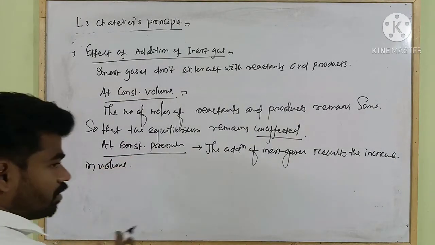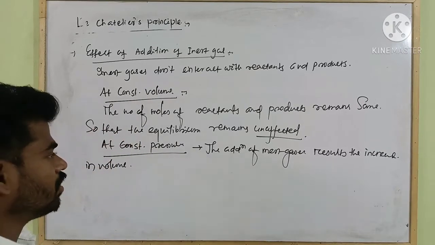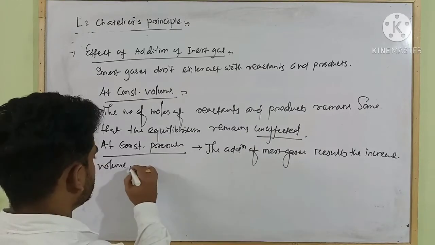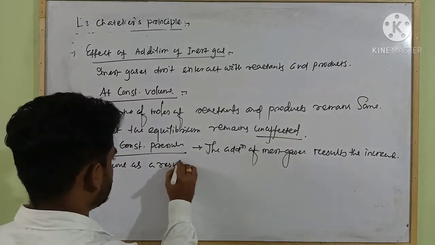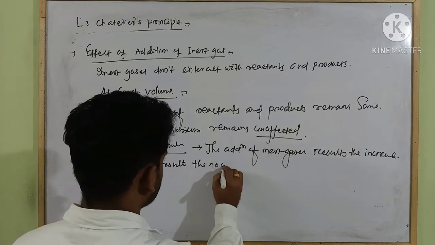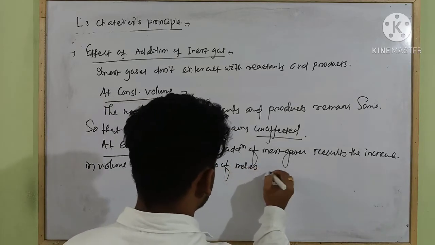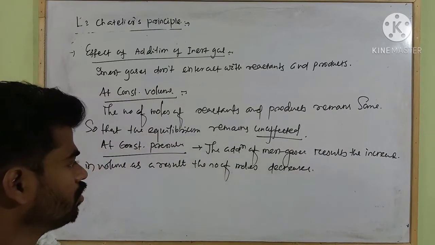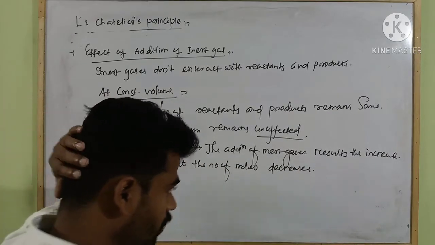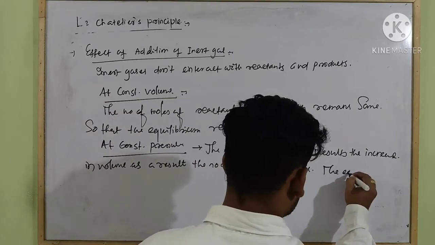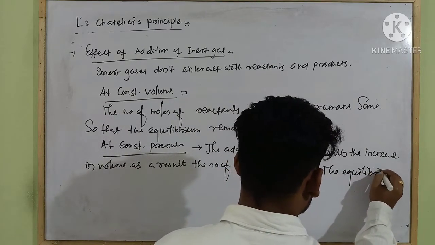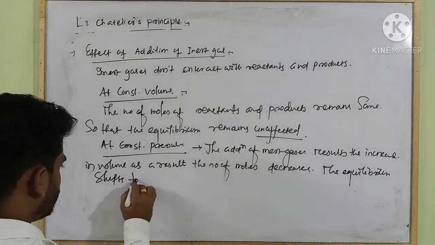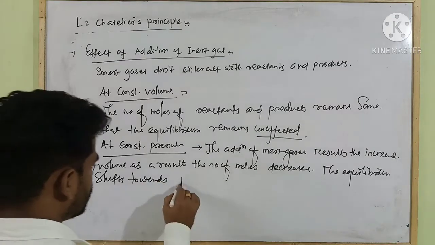So if the volume increases, then the number of moles per unit volume decreases. As a result, the number of moles decreases. So in order to minimize this decrease, the equilibrium shifts towards the more number of moles.